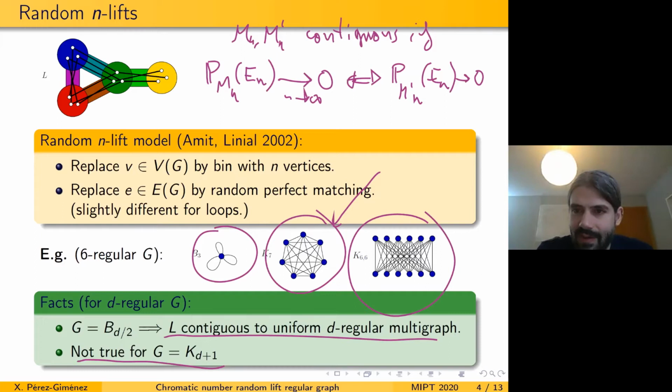This is very easy because if it was a lift of K66, it would be bipartite, because the random lift has lower chromatic number, and this has chromatic number 2, and it's well known that d-regular graphs are not bipartite. Yeah, for d equals 3 they're not already. You'll have odd cycles. So that's not the motivation.